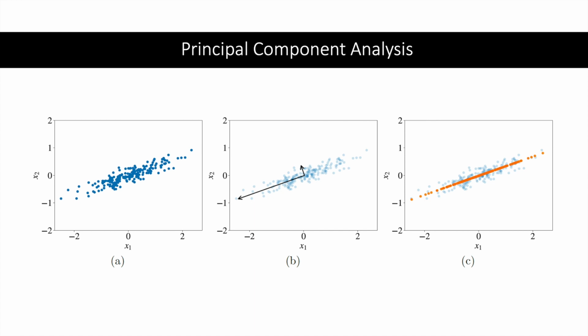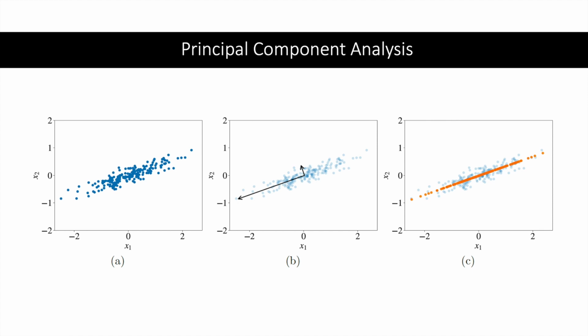In figure B, the two principal components are shown as arrows, and the lengths of the arrows reflect the variance in this direction. Now, if we want to reduce the dimensionality of our data, basically changing the d, which is our original dimension, to d new, we pick the d new largest principal components and project our data points on them.